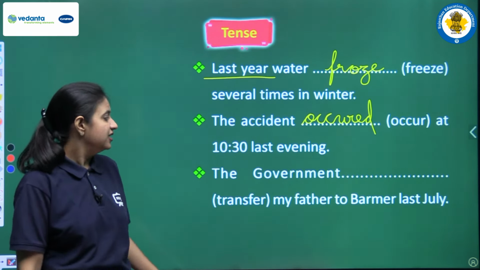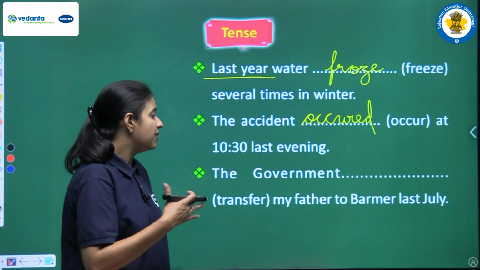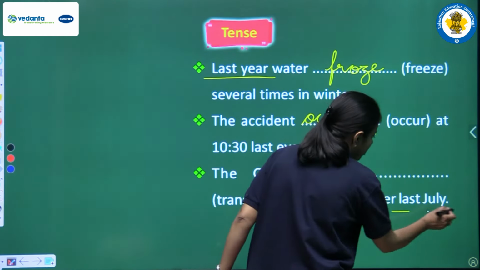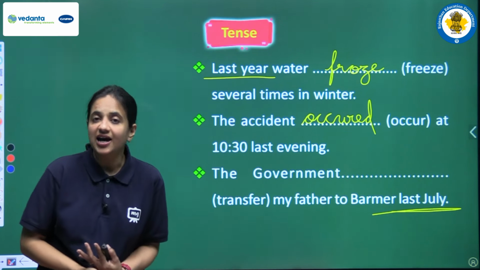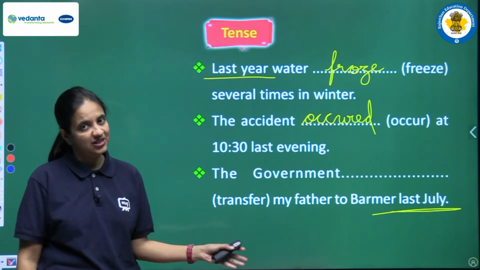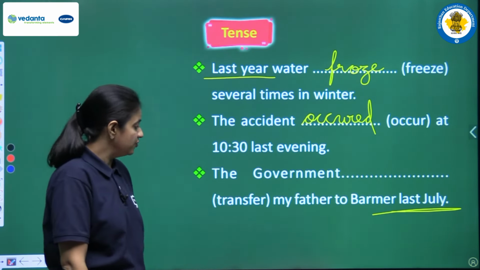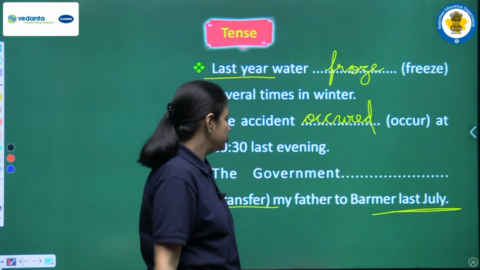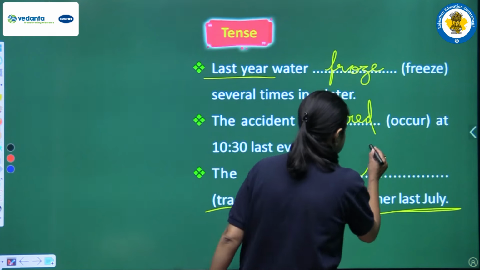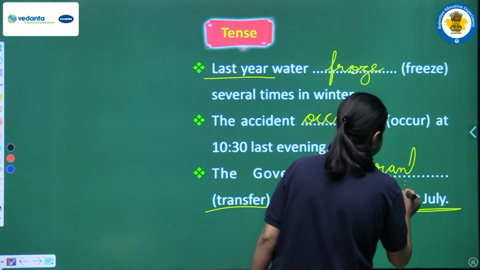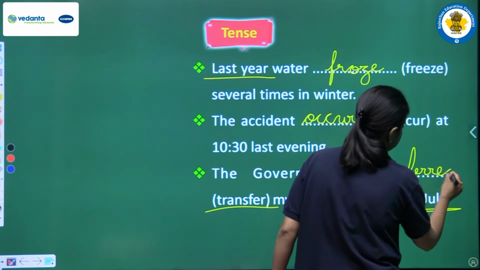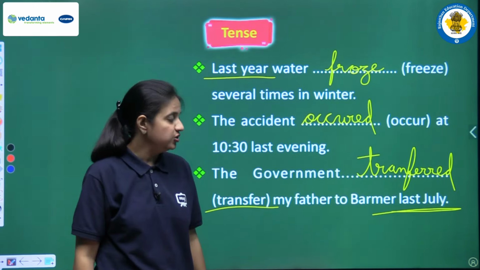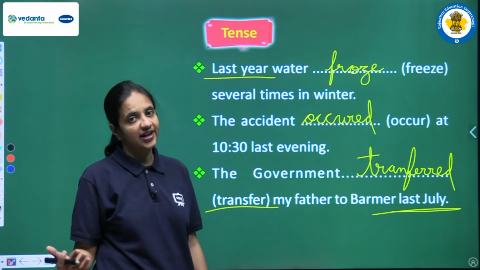Next example is, the government transfer my father to Barmer last July. So again we are talking about some past event, because we have last here, and again it's a positive sentence. So we will write the second form of transfer, and we won't write did here again. So the second form of transfer is transferred. So our answer will be, the government transferred my father to Barmer last July.